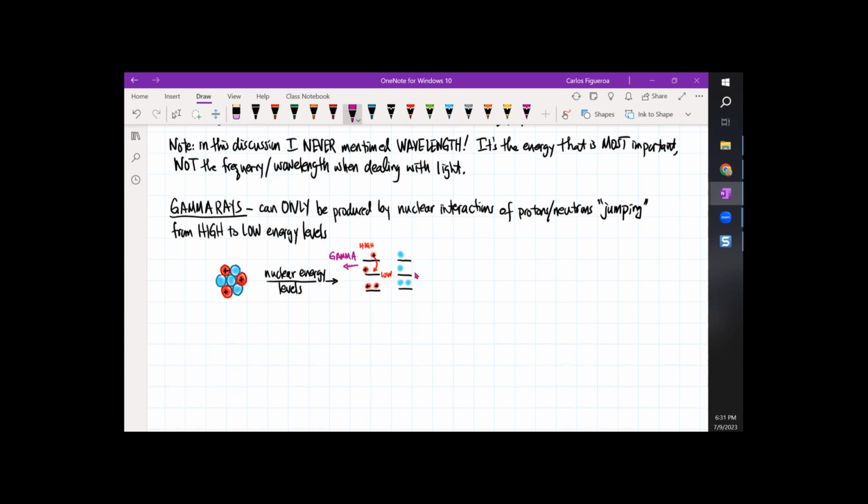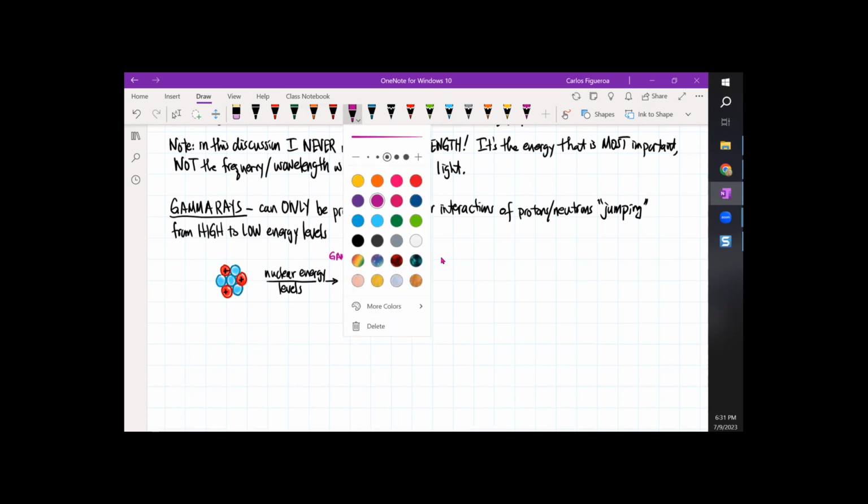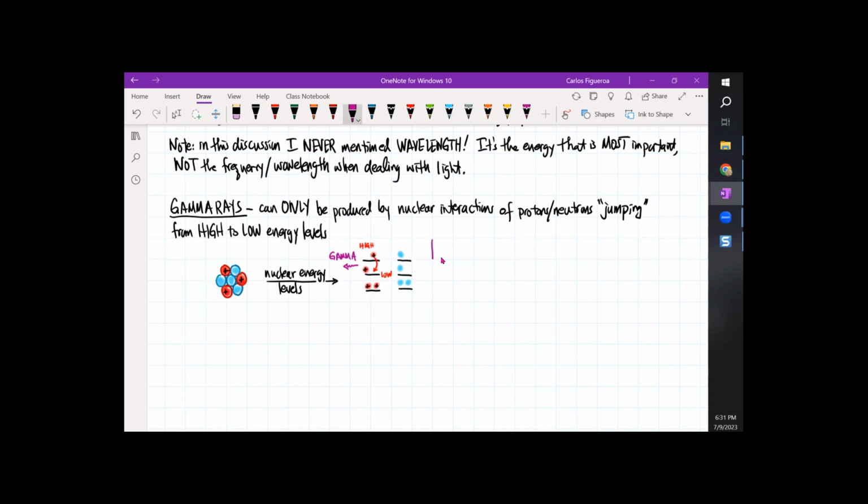The depth of this binding energy, as I said before, is a huge binding energy, about 10 million electron volts, and then it jumps to a lower energy state, which is right here.